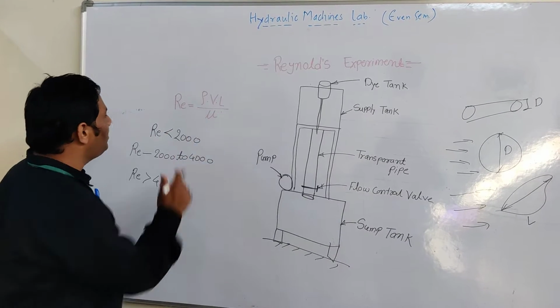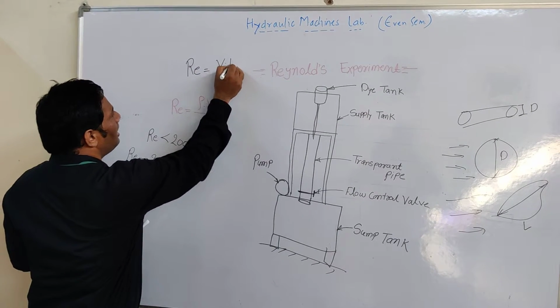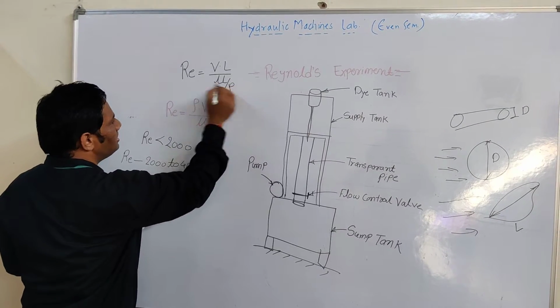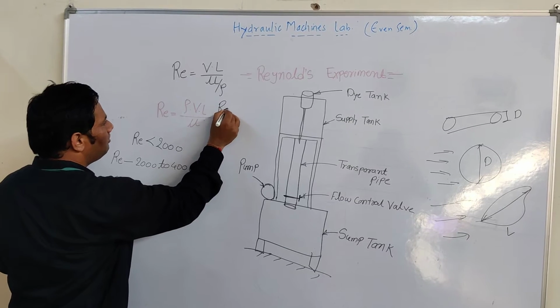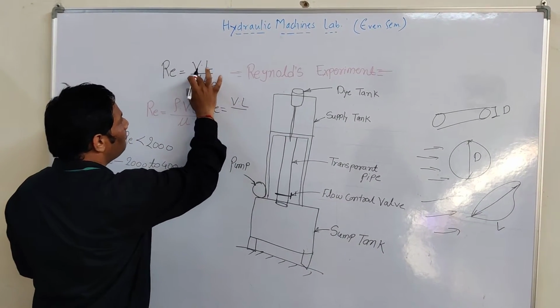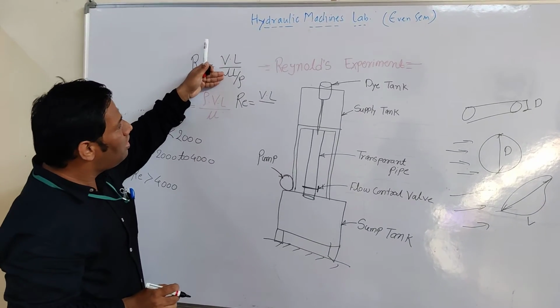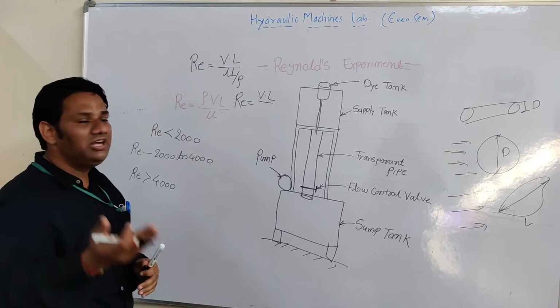If we rearrange this formula, it becomes v L divided by mu divided by the mass density rho, which gives us another formula. Reynolds number Re is equal to v multiplied by L divided by mu over mass density. It is the ratio of the coefficient of viscosity to the mass density, which is called kinematic viscosity.